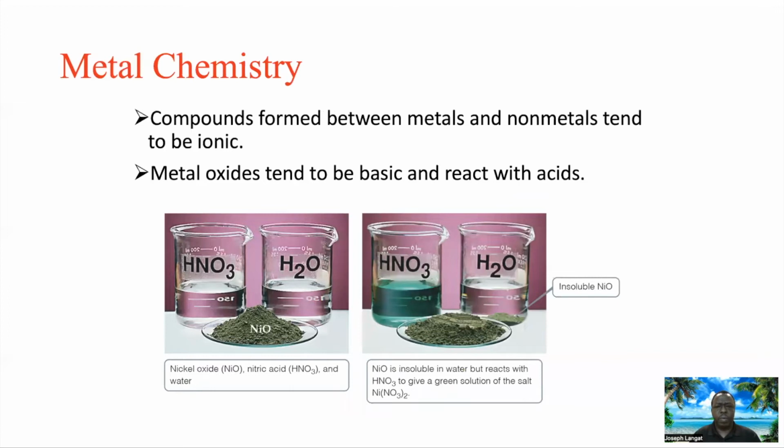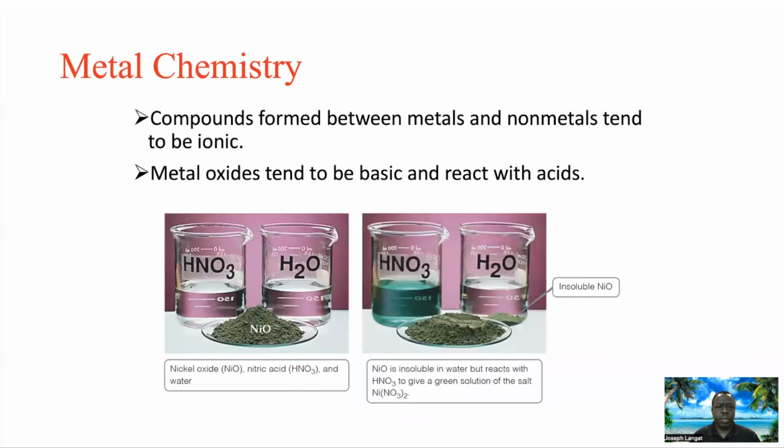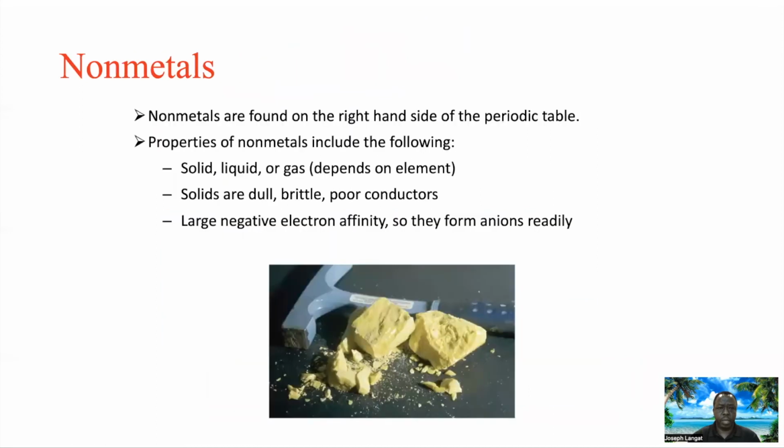Just to give you a few examples of non-metals, where they are on the periodic table, they are right here. Most non-metals are on the top right corner of the periodic table, found on the right-hand side.